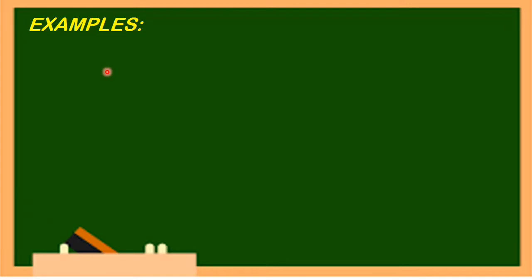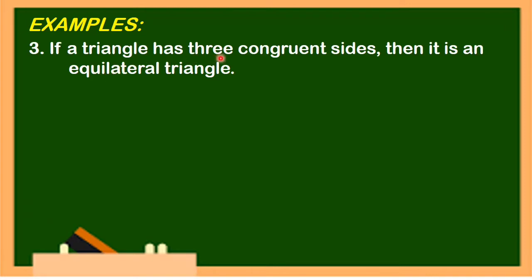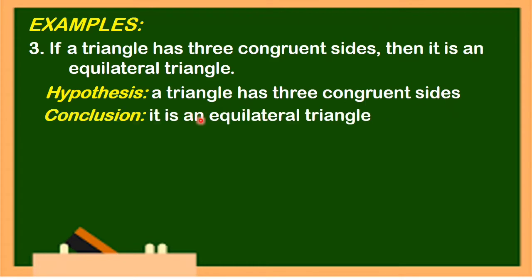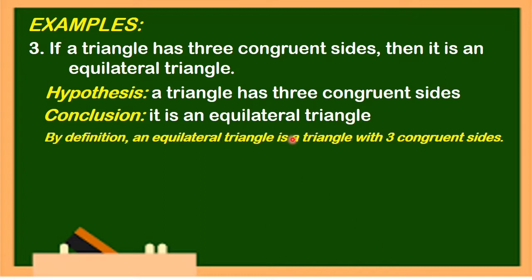Another example, let's have number 3. If a triangle has 3 congruent sides, then it is an equilateral triangle. Hypothesis, a triangle has 3 congruent sides. The conclusion, it is an equilateral triangle. So by definition, an equilateral triangle is a triangle with 3 congruent sides.